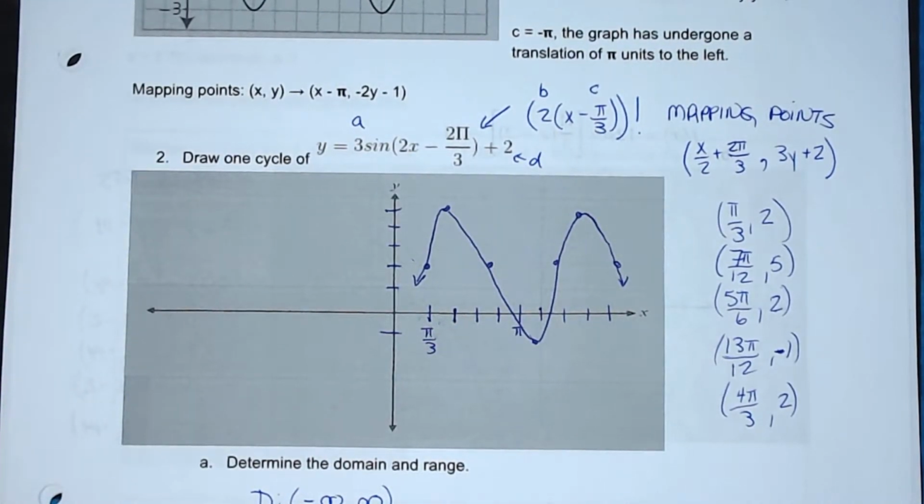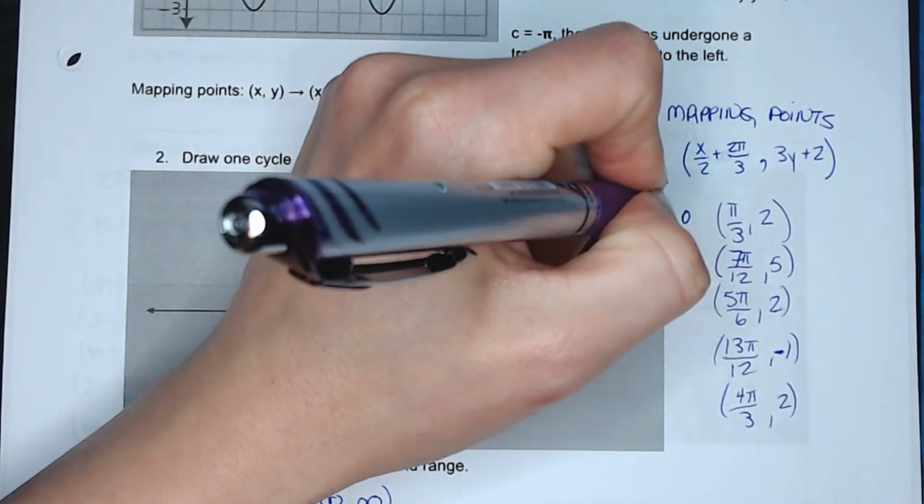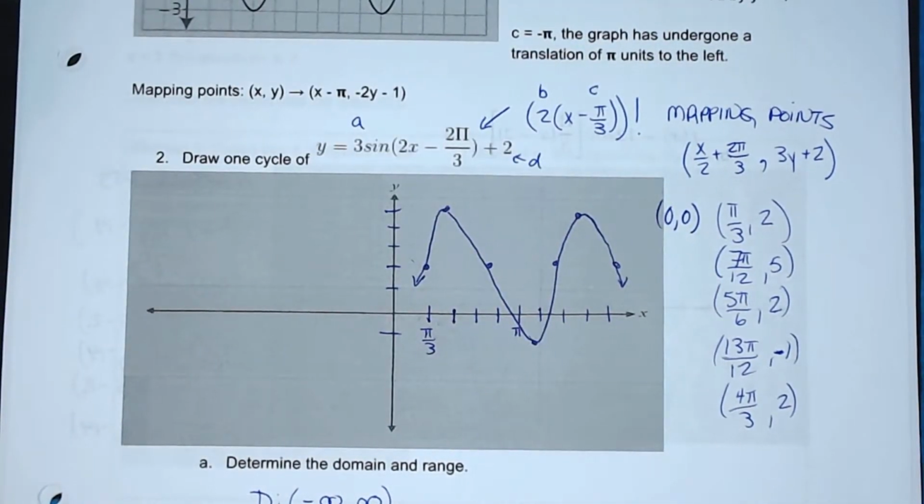So our mapping points become x divided by 2 plus 2 pi over 3, and our y coordinates are 3 times y plus 2. Once you've done that, you can just plug in your coordinates. A good one to start with, which we did here, is (0, 0). And just go from there.